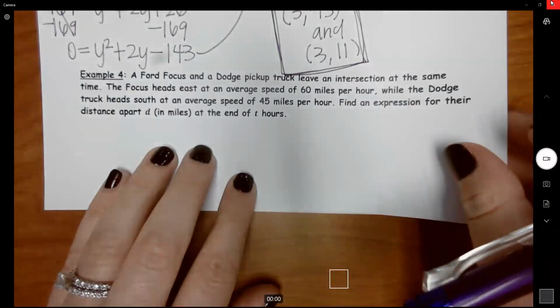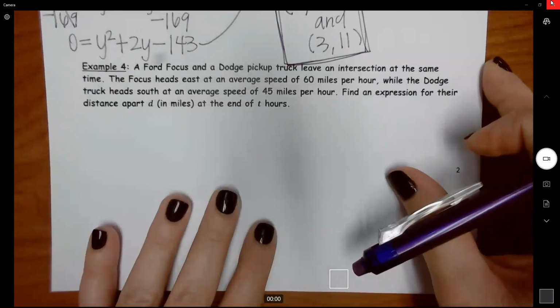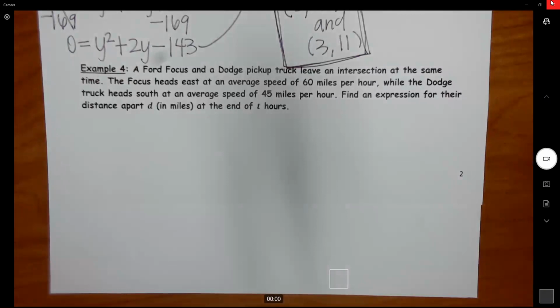Okay, example 4. A Ford Focus and a Dodge pickup truck leave an intersection at the same time. The Focus heads east at an average speed of 60 miles per hour, while the Dodge truck heads south at an average of 45 miles per hour.